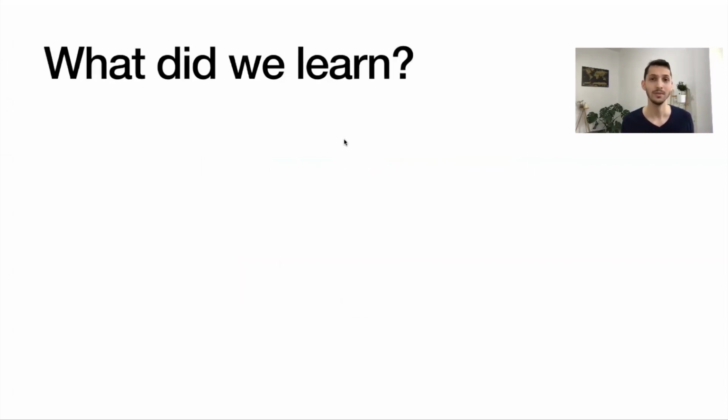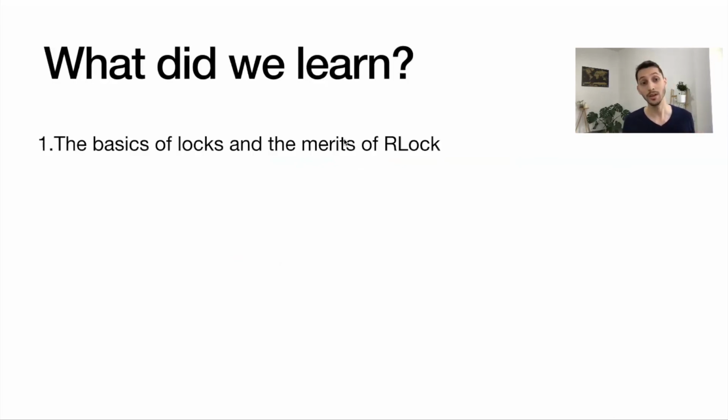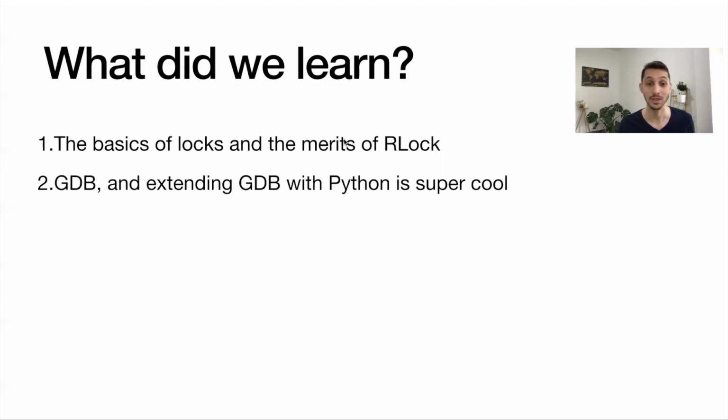So let's try to understand and recap what we learned today. We learned about the very basics of locks and the cool stuff that we can do with them. We learned about GDB and extending GDB with Python and why it's super cool and super helpful to debug this type of bugs.